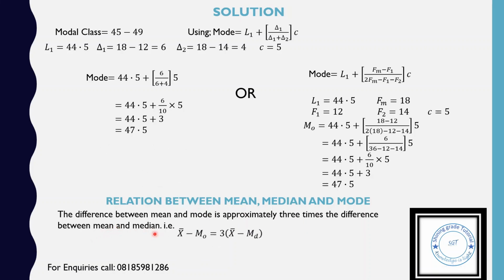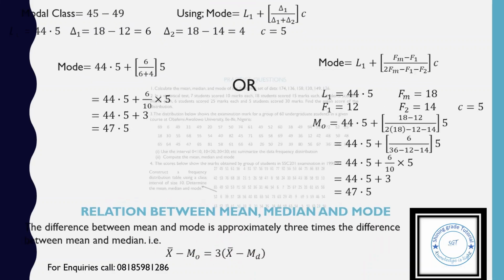That's empirical. Just take it that in any distribution, the difference between the mean and mode would be approximately equal to 3 times the difference between the mean and median. It's always been tested.